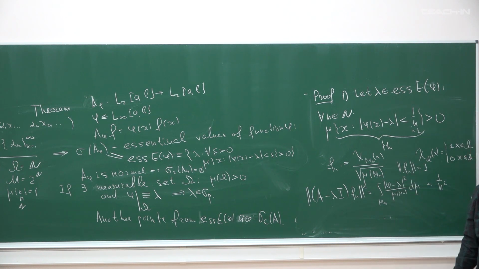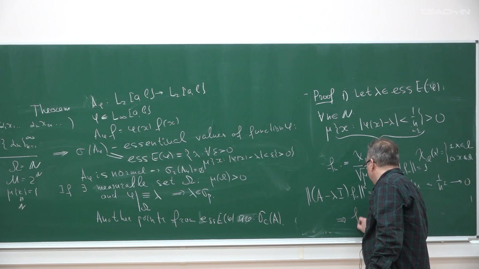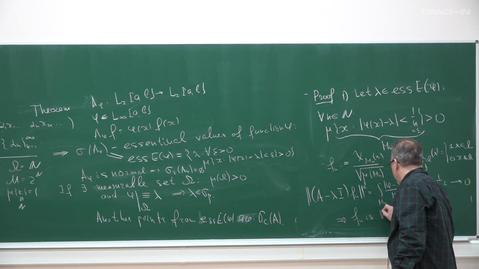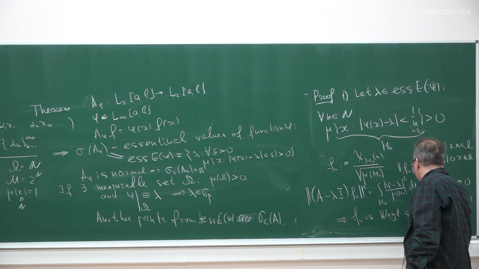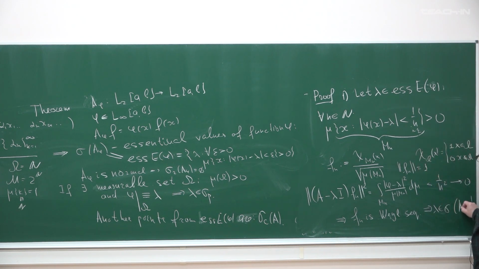So it is 1. So you have this estimation, it tends to 0. So fn is a Weyl sequence. So lambda is from the spectrum by our theorem.